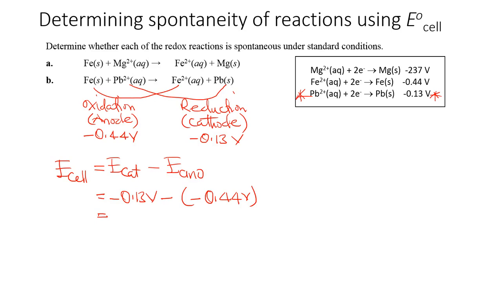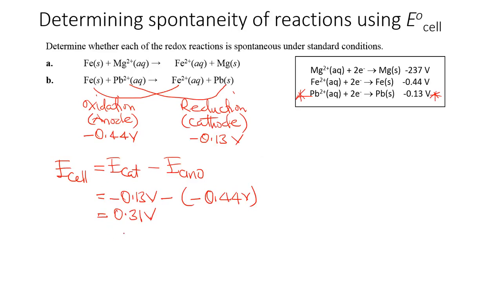So if we do the math, we find that the E cell is 0.31 volts.